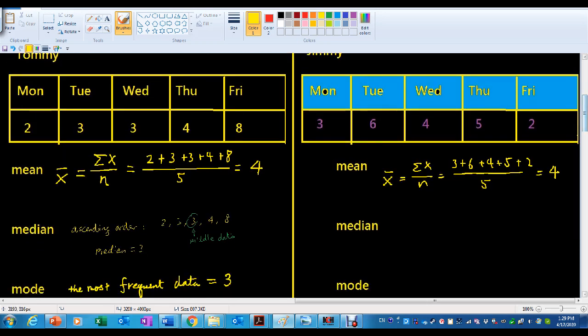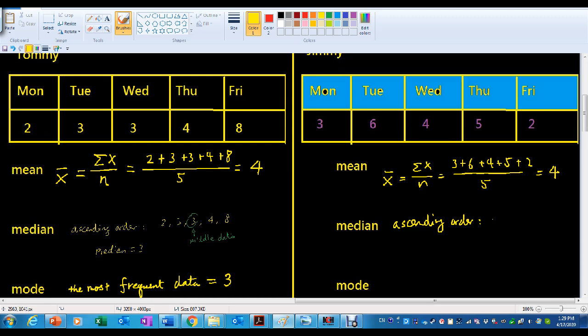But how about the median? Are their medians also the same? For median, remember you need to find out the ascending order first. So you need to rearrange the data in ascending order. For Tommy's data, you don't need to rearrange them. They are already in ascending order. But for Jimmy's, they are not.